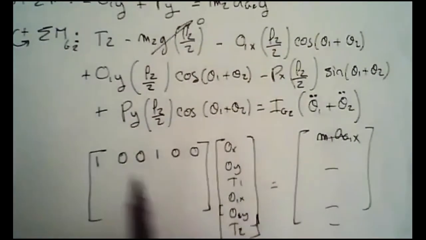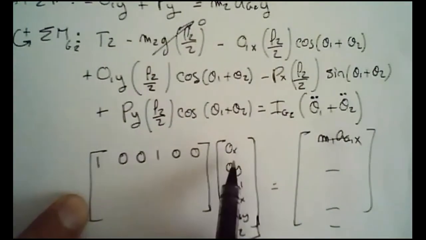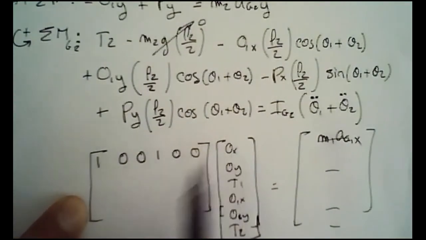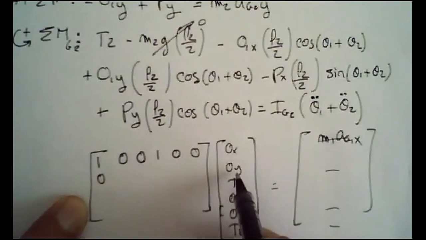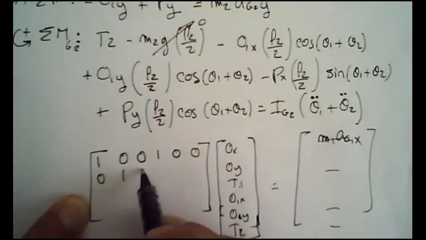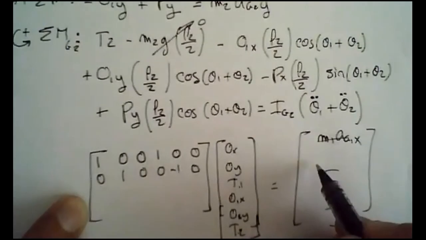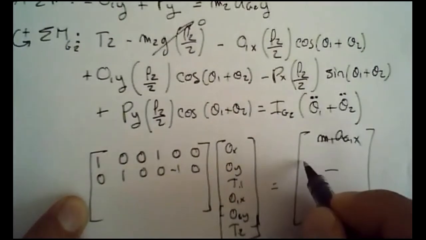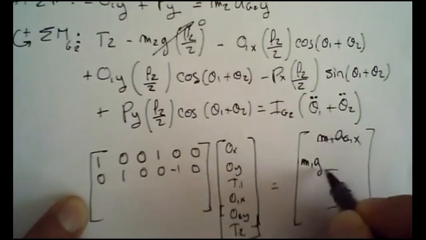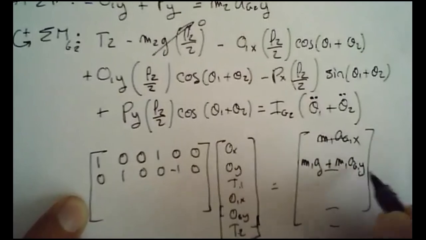Second, what is the component of x in the second equation? It is 0. OY is equal to 1. T1 is 0, O1x is 0, O1y is minus 1, T2 is 0. On the right side, we're going to have M1G plus M1 AG1y.